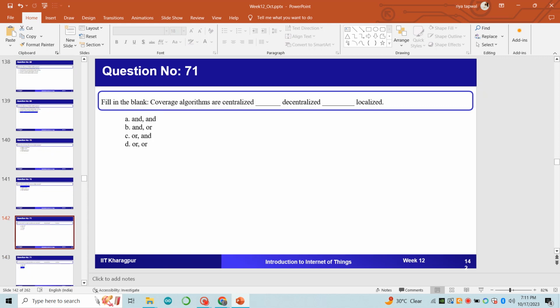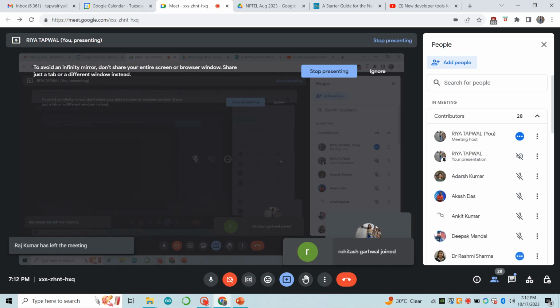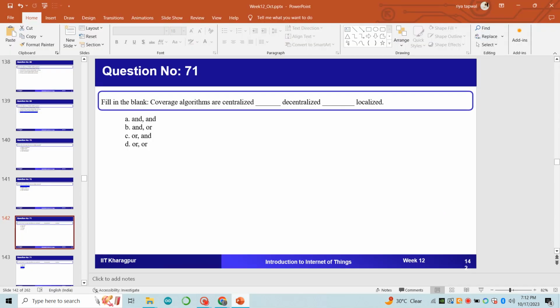Next question is, fill in the blank. Coverage algorithms are centralized, blank, decentralized, blank, localized. Options are and or, and or. I think C. That is or and.